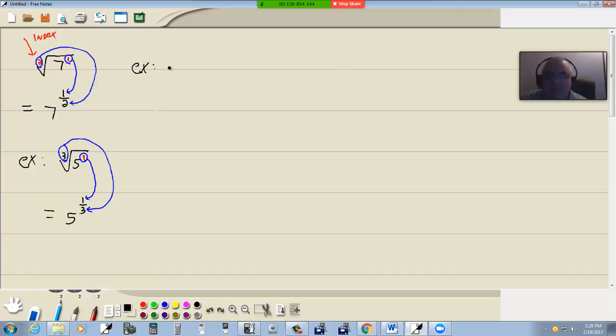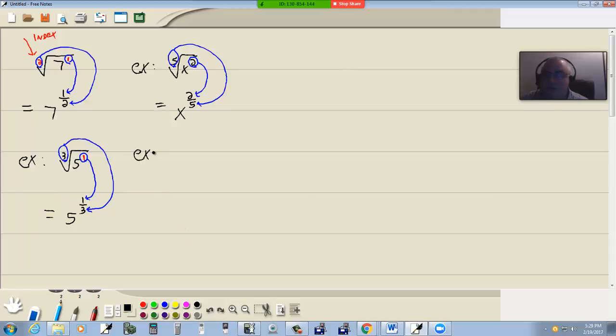Now you can have variables of that type, like this right here, the 5th root of x squared. This becomes x to the 2/5. Again, whatever power is right here goes up on top. Whatever number's in the slot is what goes on the bottom.